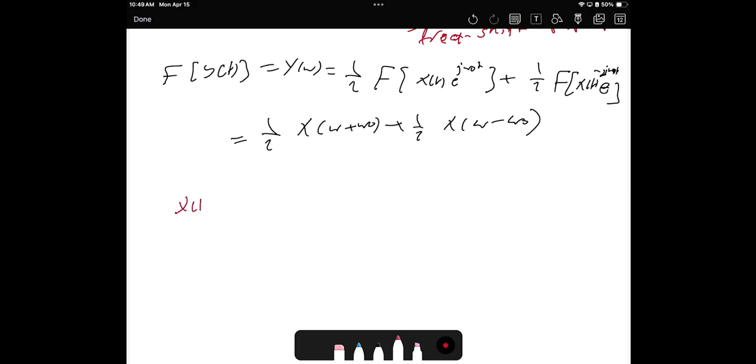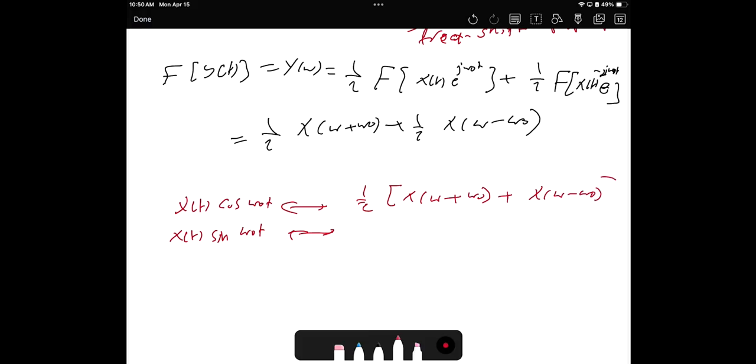When we have x of t cosine omega naught t, or when we have x of t sine omega naught t, the Fourier transform will be 1/2 x of omega plus omega naught plus x of omega minus omega naught.